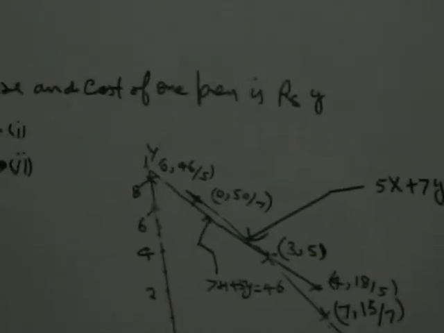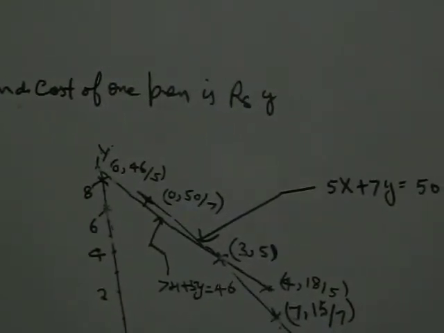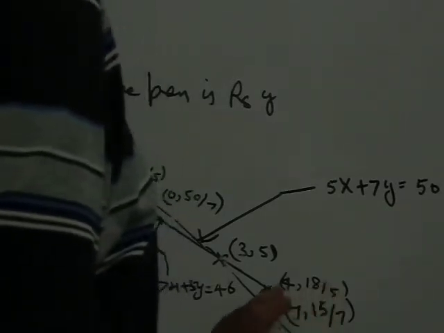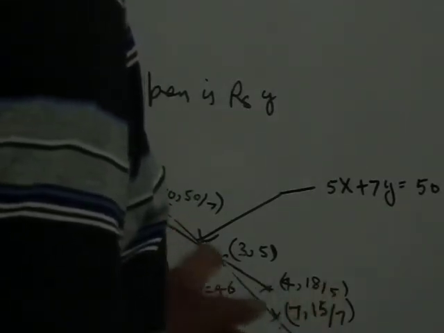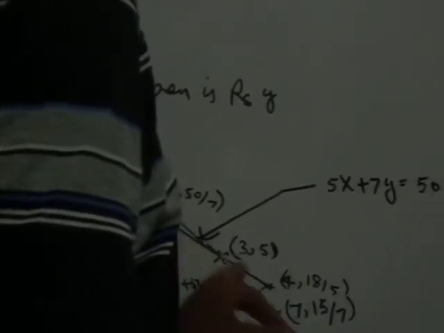For x = 0, the point is (0, 46/5). And if x = 4, then y = (46 - 28)/5, which means 18/5. So this will be the 18/5 point. If we join these 3 points, the graph of this line comes.